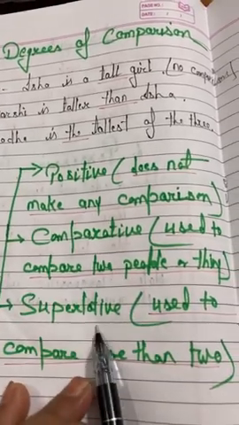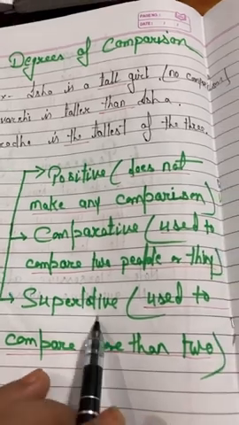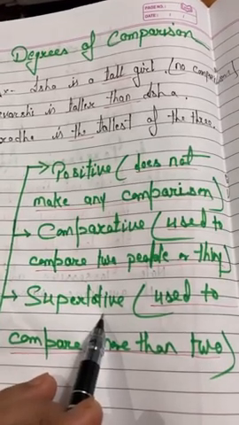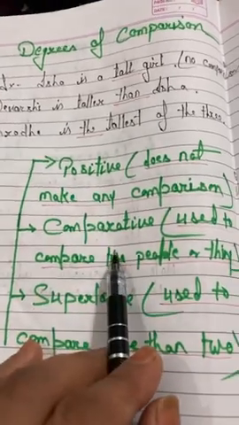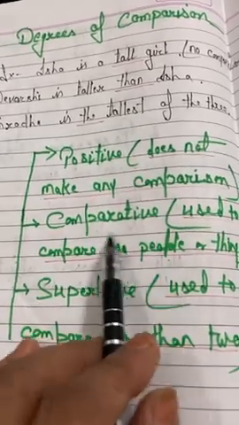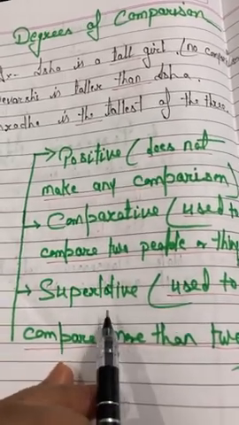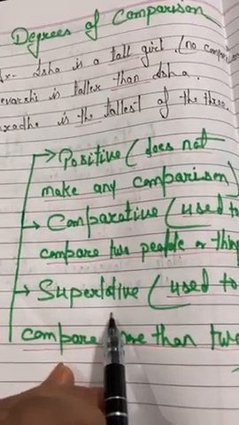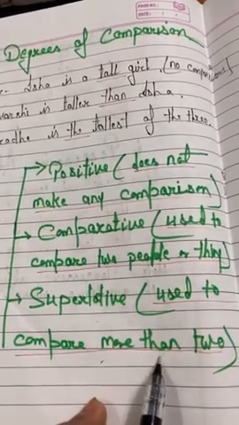And the last one is superlative degree. Superlative degree is used to compare more than 2. First, positive, no comparison. Second, comparative, compare between 2. And last one is superlative, used to compare more than 2. Clear?